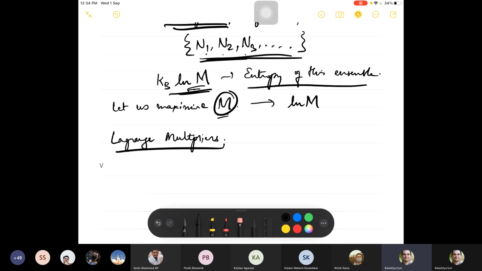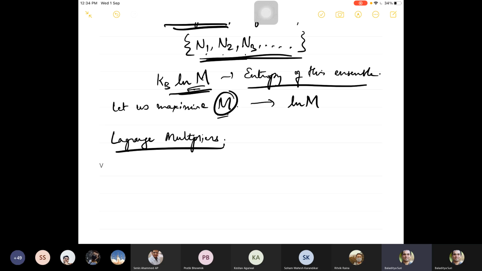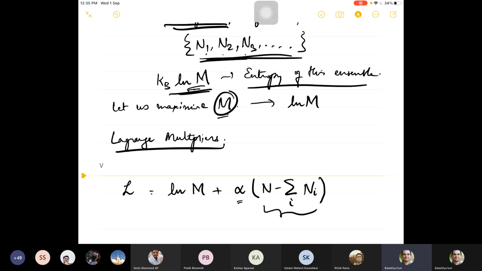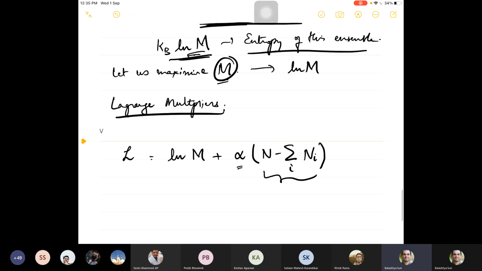So consider a function L, which is given by ln of m, and we want to maximize this subject to two constraints. So we say this is alpha times n minus summation over i ni, and remember that this term is identically 0 because that's a constraint, plus beta times E minus summation over i ei ni.